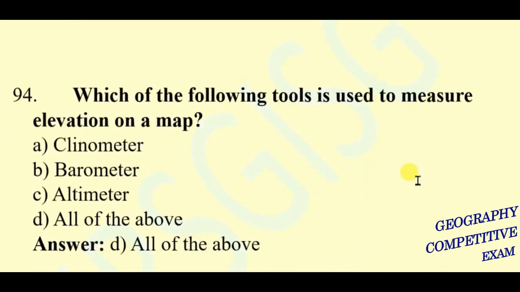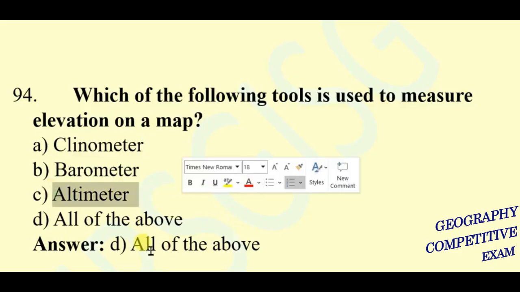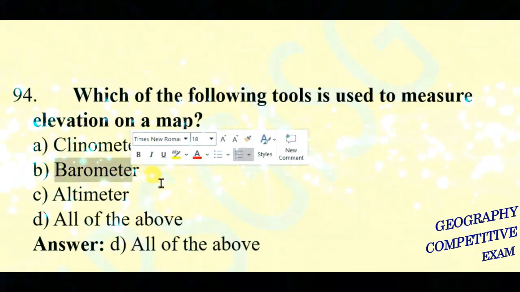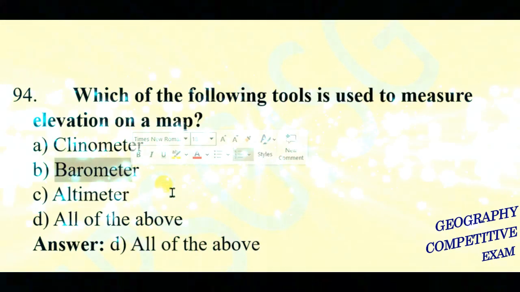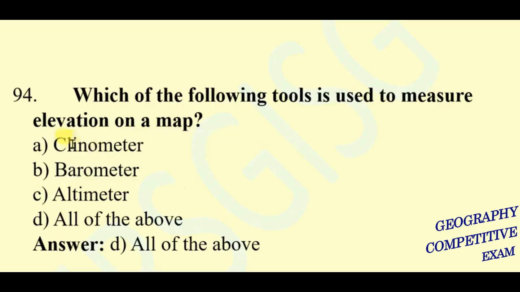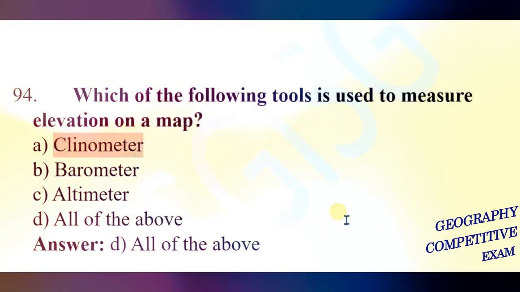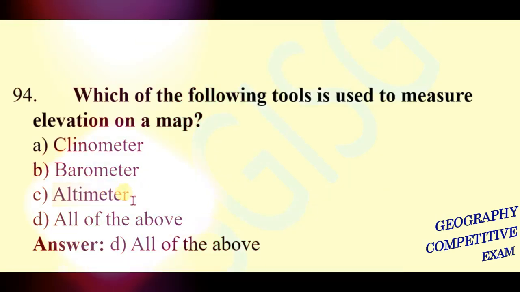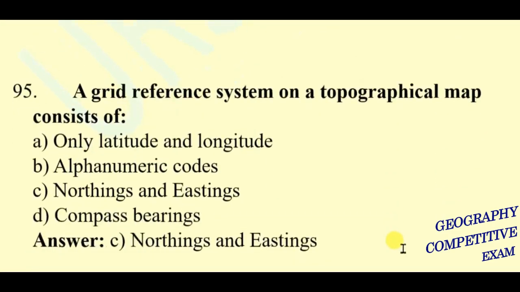Question 94. Which of the following tools is used to measure elevation on a map? Clinometer, barometer, altimeter, all of the above. Here the right answer will be altimeter. All of the above is not the right answer because barometer is used for measuring the atmospheric pressure, clinometer is used for measuring the slope, and altimeter is for measuring the elevation.